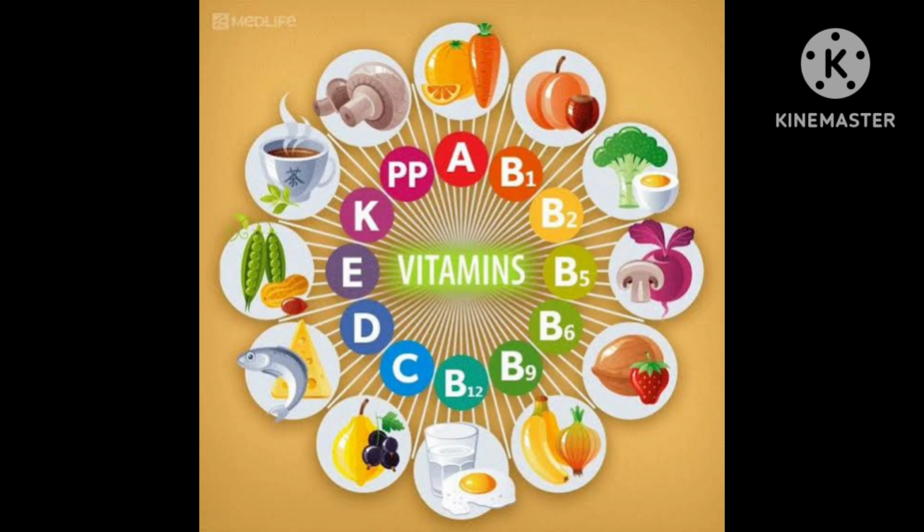Again, sources: yeast, milk, green vegetables and cereals. Cereals means rice, wheat. If B1 is not present, meaning deficiency of B1, then which disease will take place? The question is asked. Then beriberi.